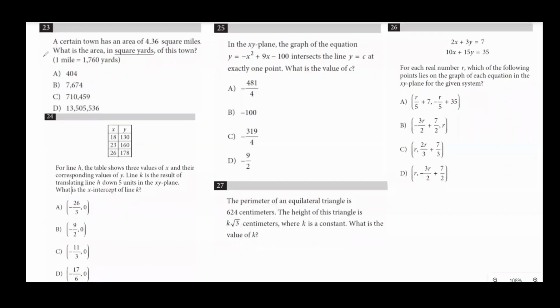Now, coming up on question number 23, a certain town has an area 4.36 square miles. What is the area in square yard of this town? 1 mile is equal to 1760 yard. Everything is given. This question is from unit conversion and it is a part of problem solving. Again, a straightforward direct question, although we have to remember that 1 mile is equal to 1760 yard.